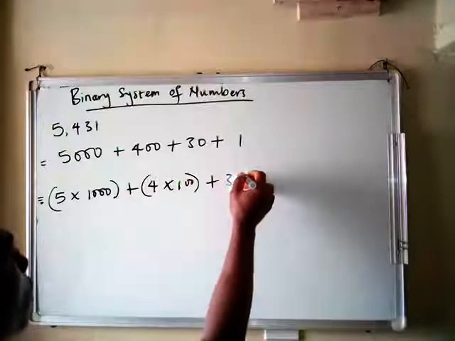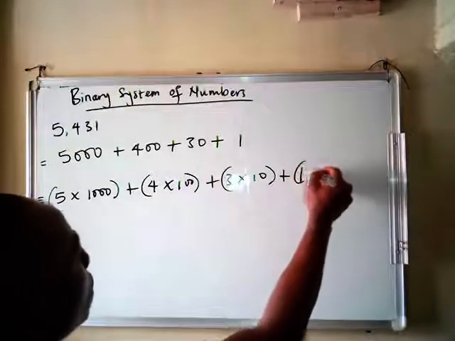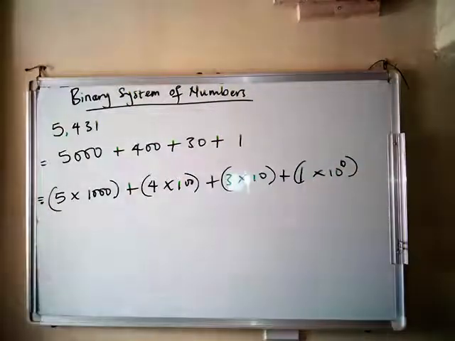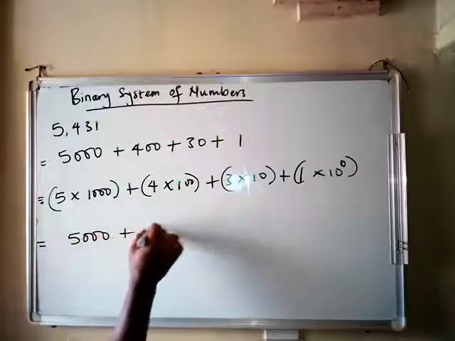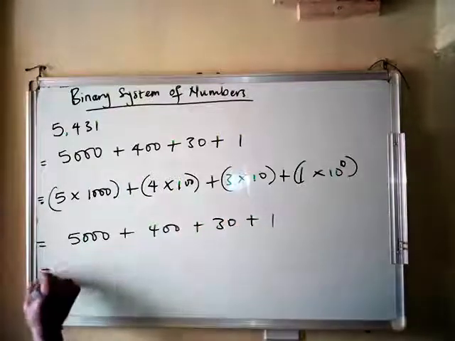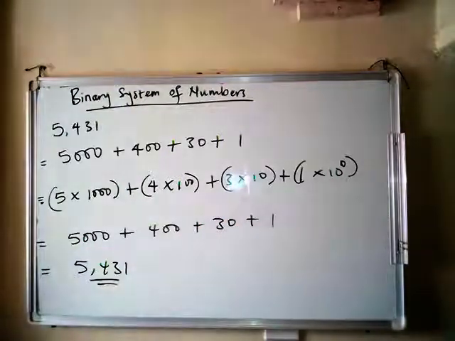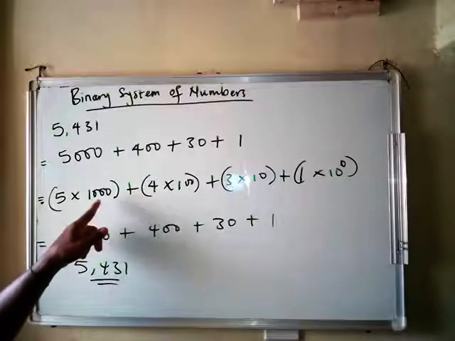So for instance, what if you have something like this? Let's see the value of each digit in a number like 5431.